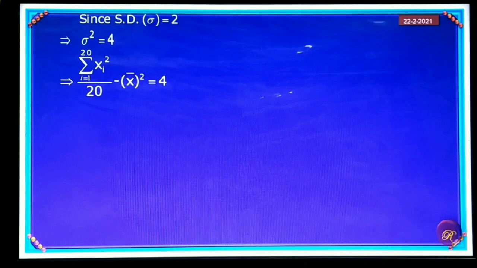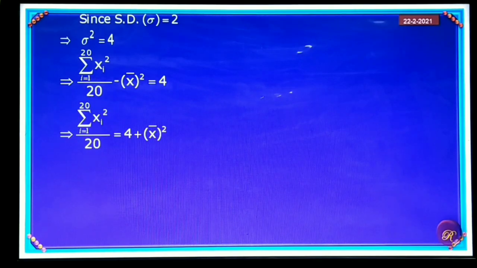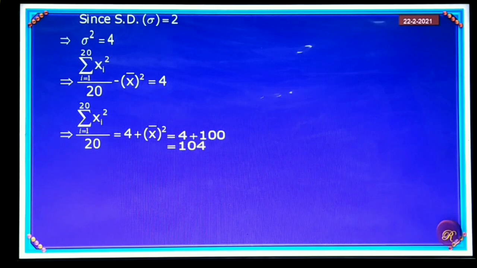This implies sum of squares of 20 observations divided by 20 is equal to 4 plus square of mean, is equal to 4 plus 100, is equal to 104.